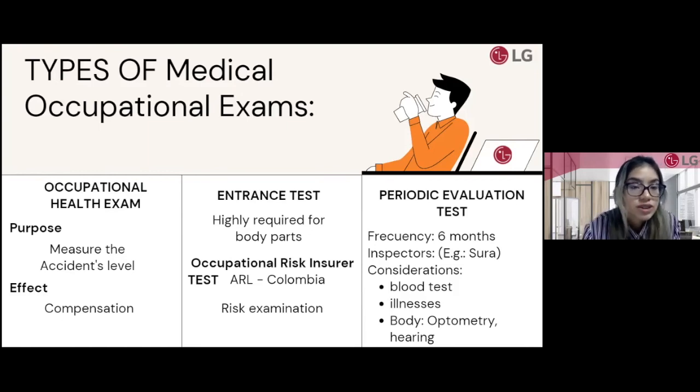Then we have the entrance test, which is requested as soon as you start work here, in order for the person or the candidate to check if their body parts are fine.